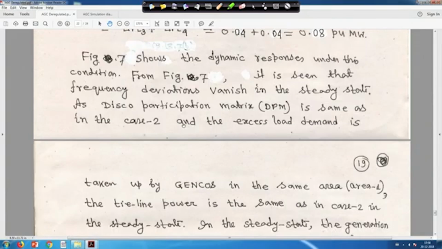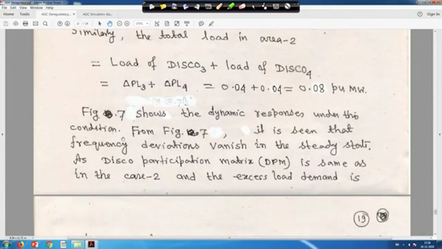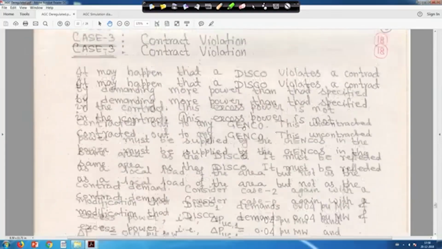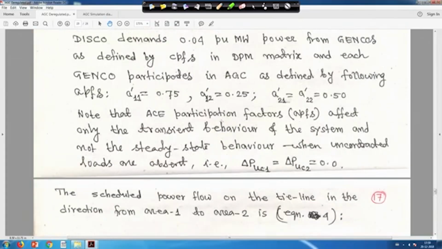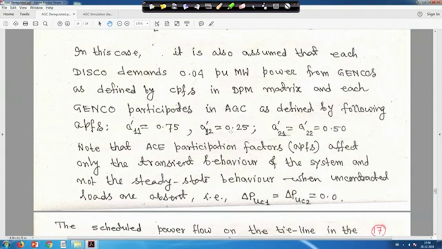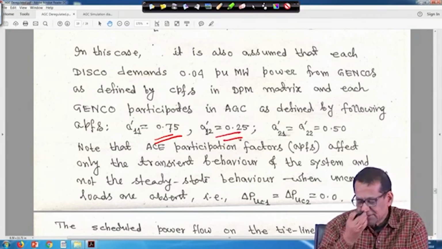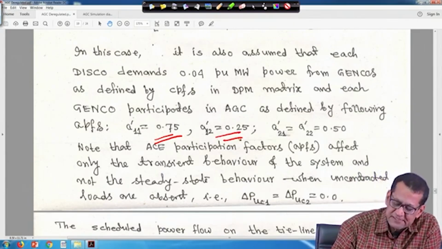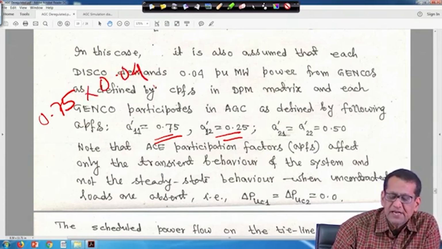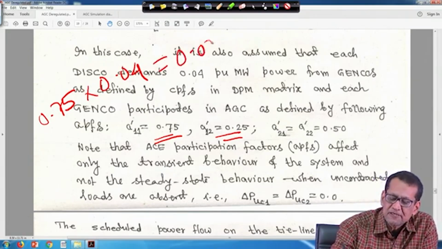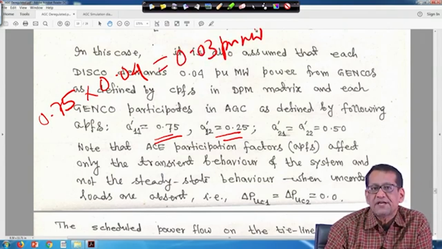So, the question is, if we go back to the AC participation factor, let me recall how much we took. What we did was, we took AC participation factor for GENCO 1 as 0.75 and for GENCO 2 as 0.25, right. In area 2 there was no excess demand, that means GENCO 1 will share 0.75 into 0.04, right. So, that is nothing but 0.03 per unit megawatt, right.